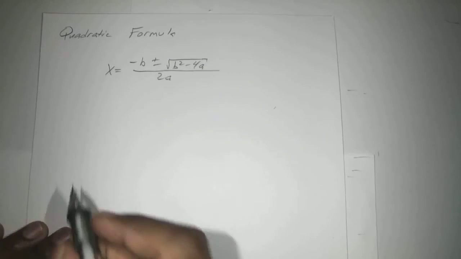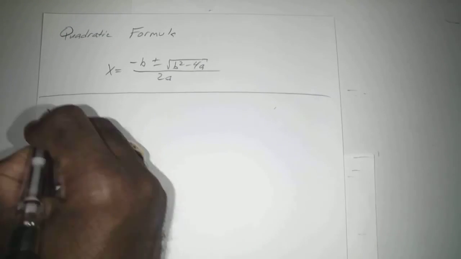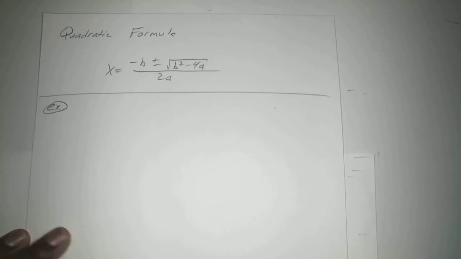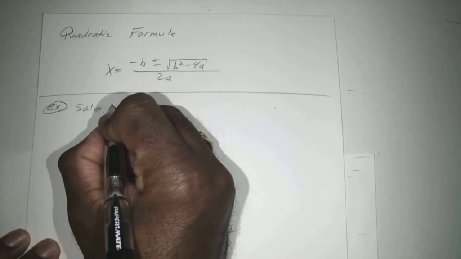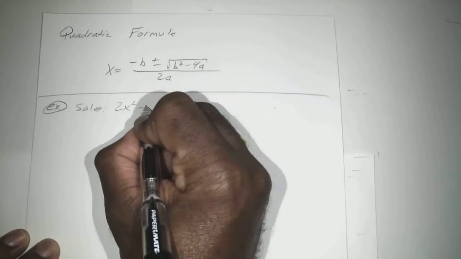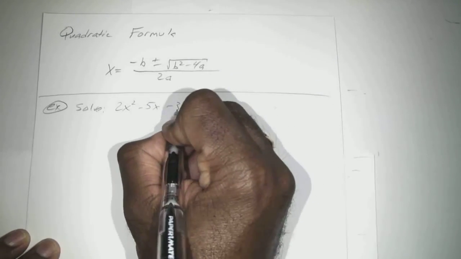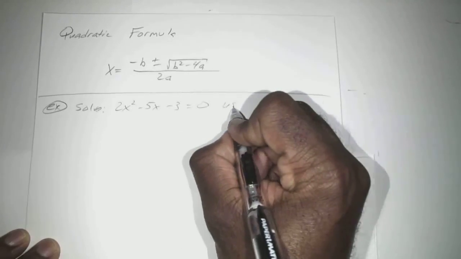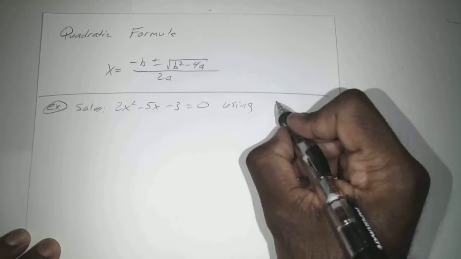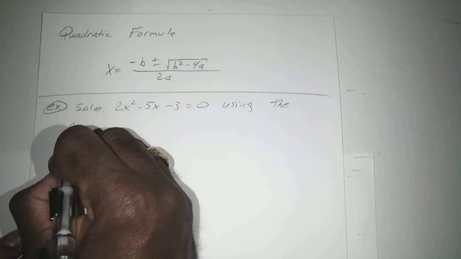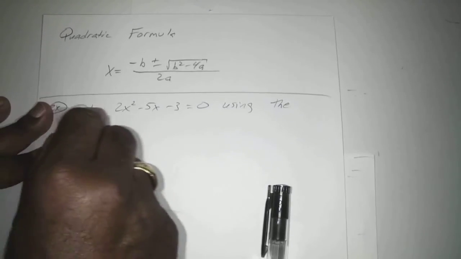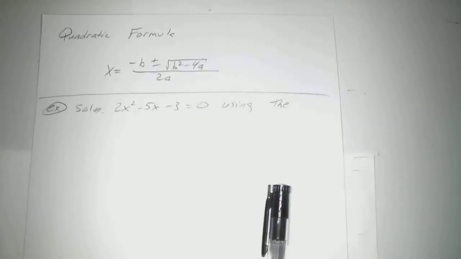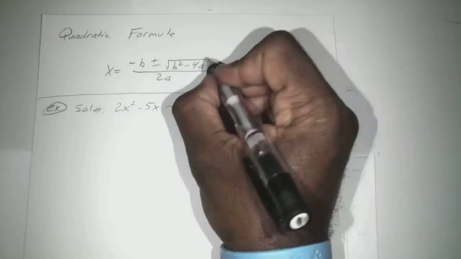Okay, so let's say, for example, you want to solve 2x squared minus 5x minus 3 equals 0 using the quadratic formula.